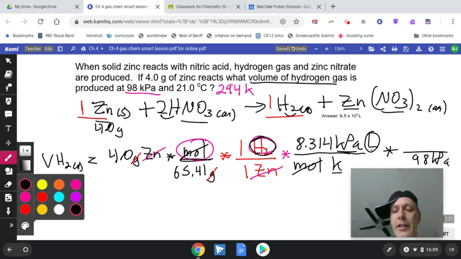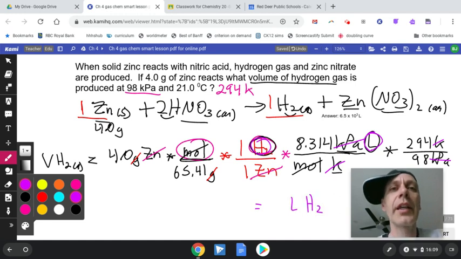And then we've got Kelvin on the bottom, so I put Kelvin on the top. And we can cancel out the Kelvins, cancel out the kilopascals, and we are left with liters of hydrogen. Plug everything in, and you get 1.525 liters.